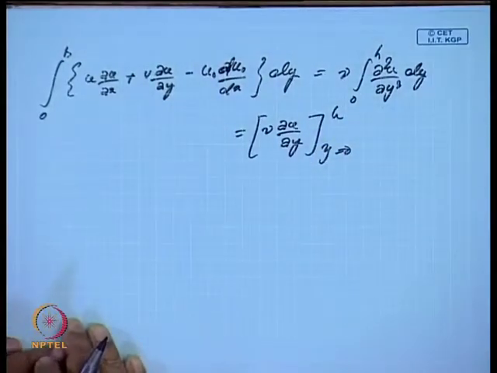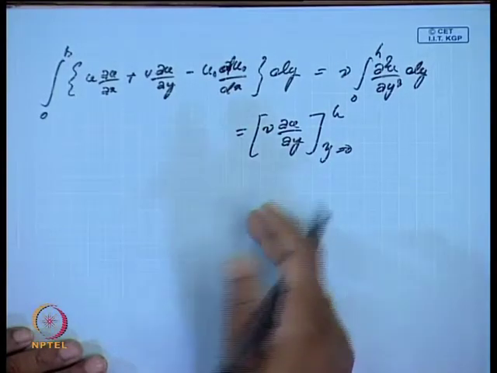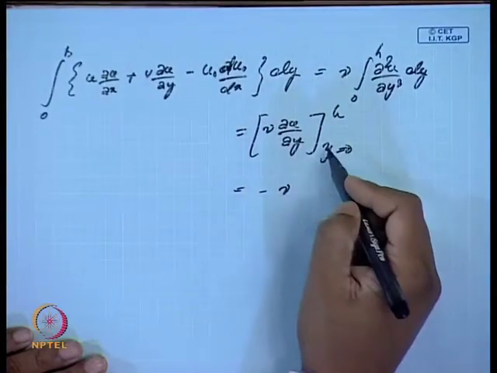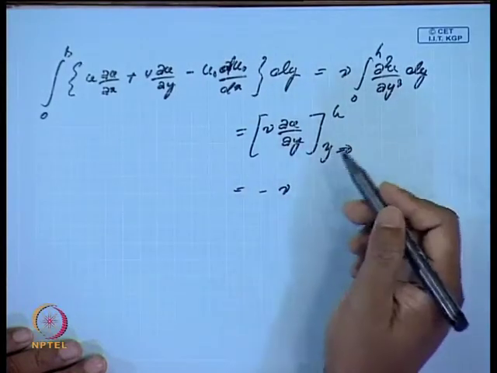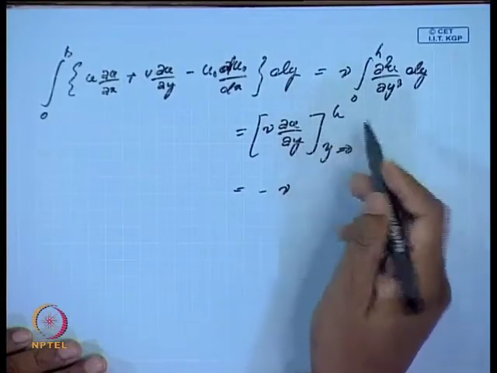Since h is beyond the boundary layer, del u by del y will be 0. So, this will give me minus nu, because beyond the boundary layer u is equal to u naught, and h is a function of x.